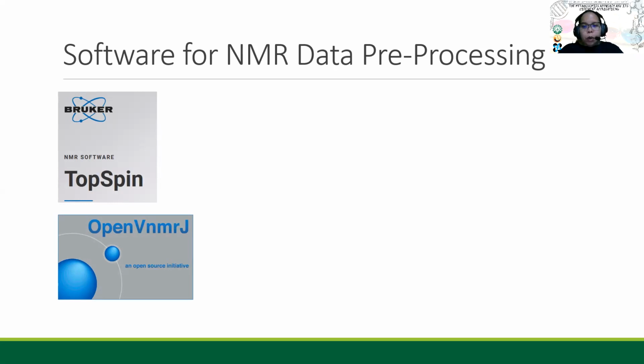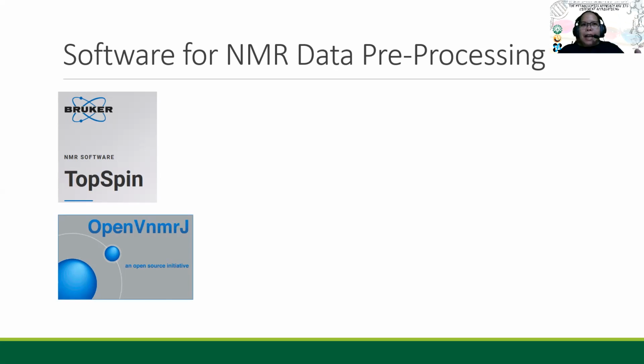You also have your OpenVNMRJ. This is mainly used for NMR data files that have been obtained from the VNMRJ platform of Agilent or Varian NMR.